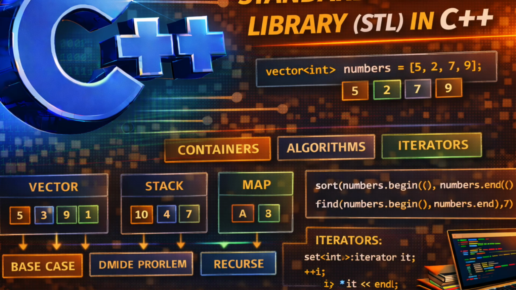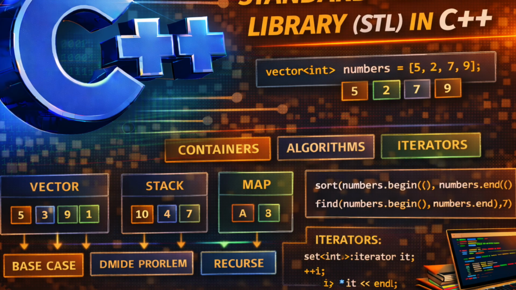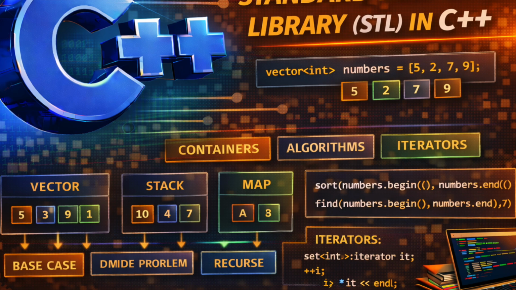So containers, algorithms, iterators. And the fourth one is for customization. Function objects, or functors, are basically objects that you can call like functions. They're key for customizing how algorithms behave, like if you want to sort in descending order instead of ascending. You'd pass in a functor that defines that custom less-than logic, or sort a list of products by price or by name.